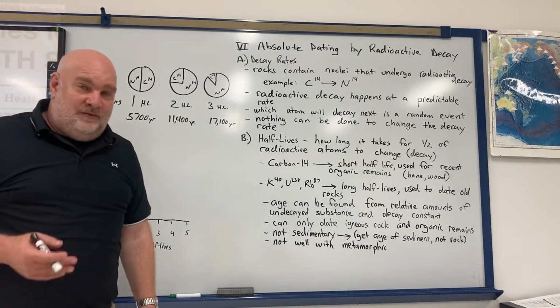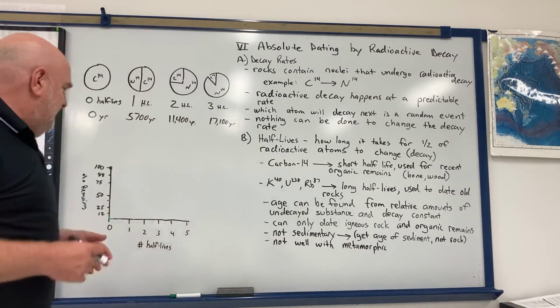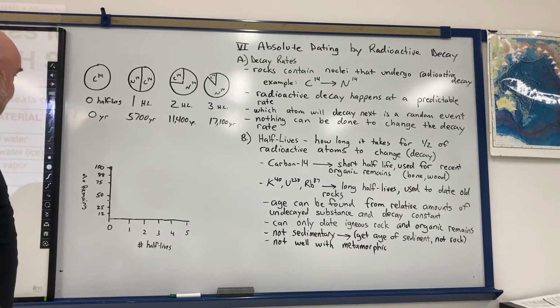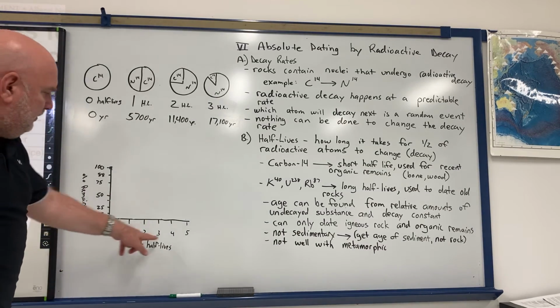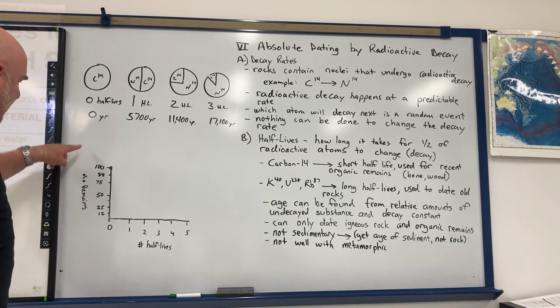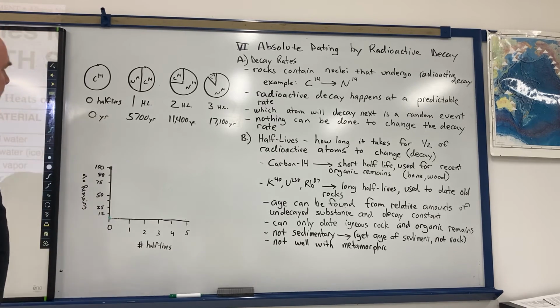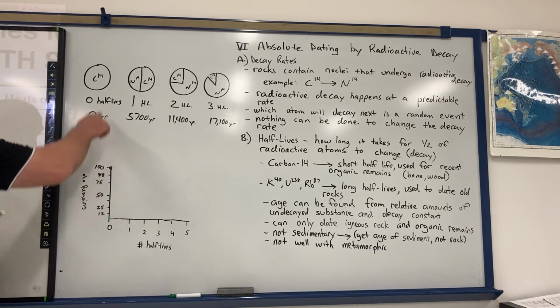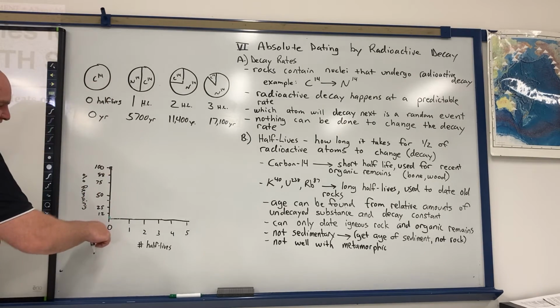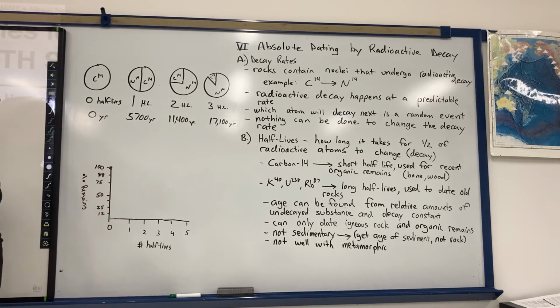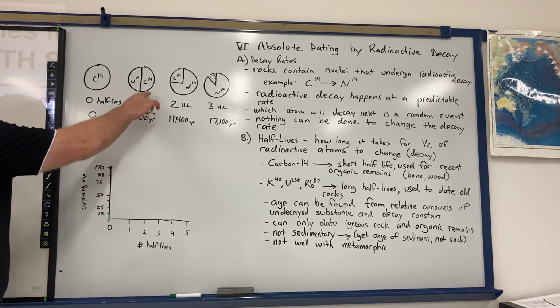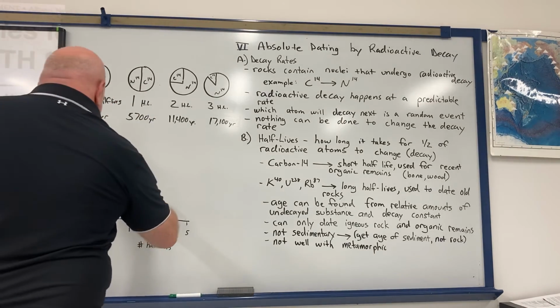One way to express this is using charts like this. Another way radioactive dating is sometimes expressed is in the form of a graph like this. So if I have the number of half-lives down there and the percent remaining right here, if I was going to plot my carbon-14, I'd start off with 100% carbon-14 at 0 half-lives. At 1 half-life, I had 50% carbon-14.